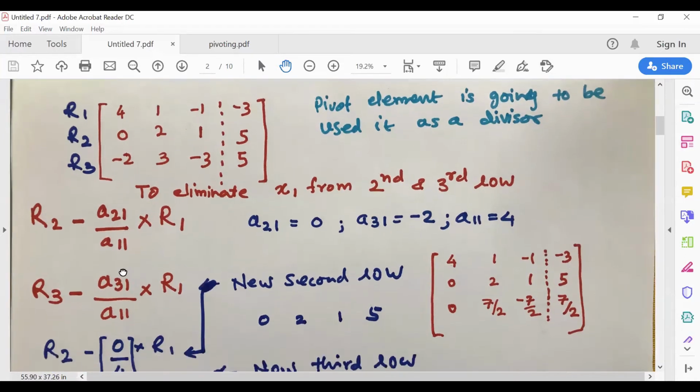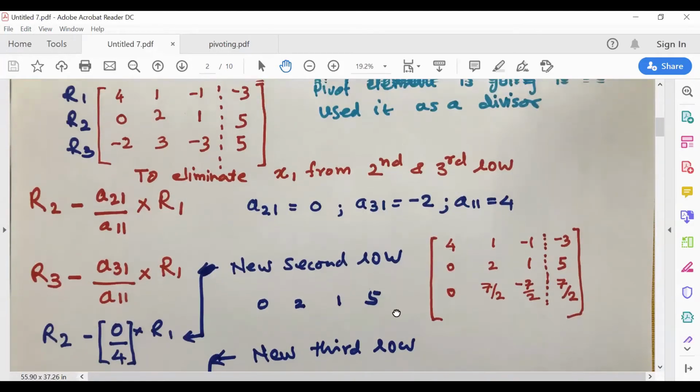Similarly, in the second elimination, to remove the third one, we take the coefficient a31 divided by a11, multiply it with the first row, and deduct it from the row of the elimination. You have to remember that we deduct from the row where we want to eliminate the coefficient.